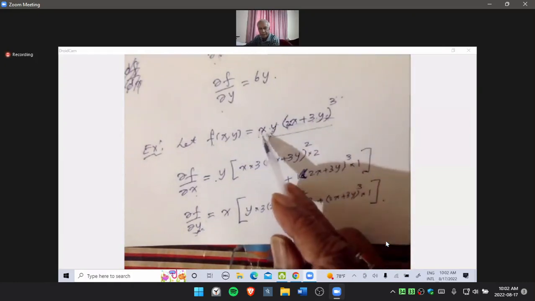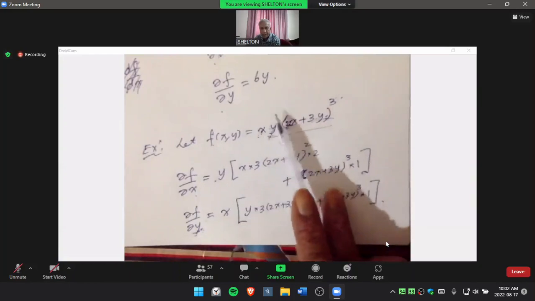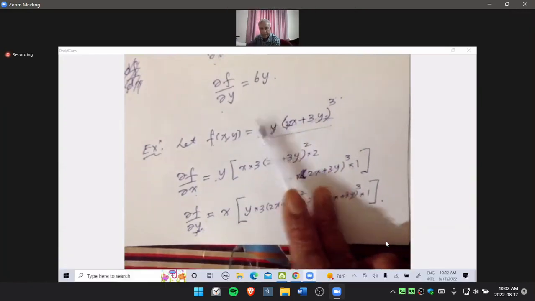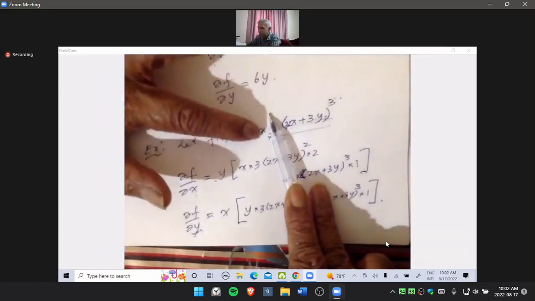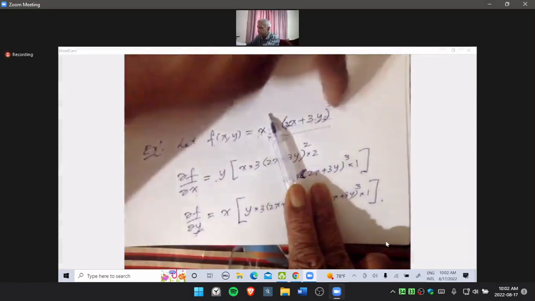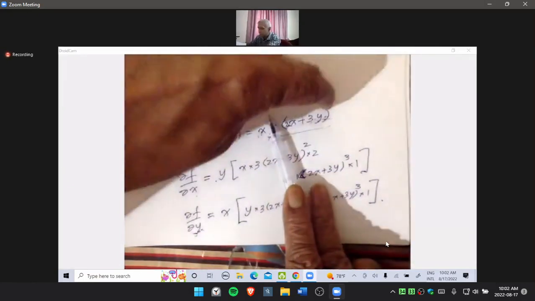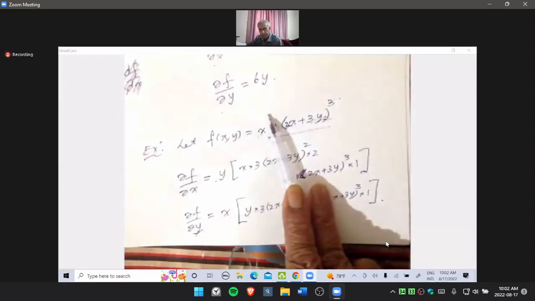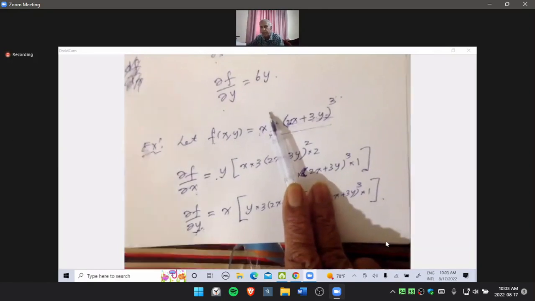Now here, y is treated as a constant. So constant times a function. This constant can be written outside times the derivative of the function. This one times derivative of that. The x times derivative of this, with respect to x, 2x plus 3y squared power, times the derivative of the function inside, chain rule.